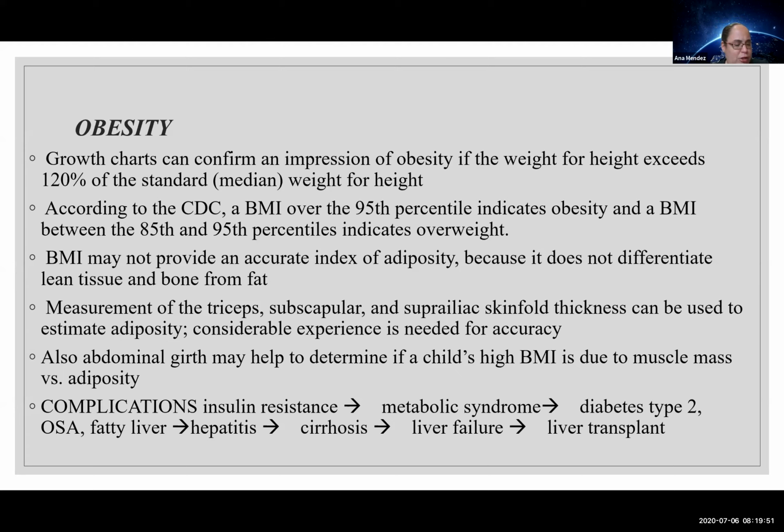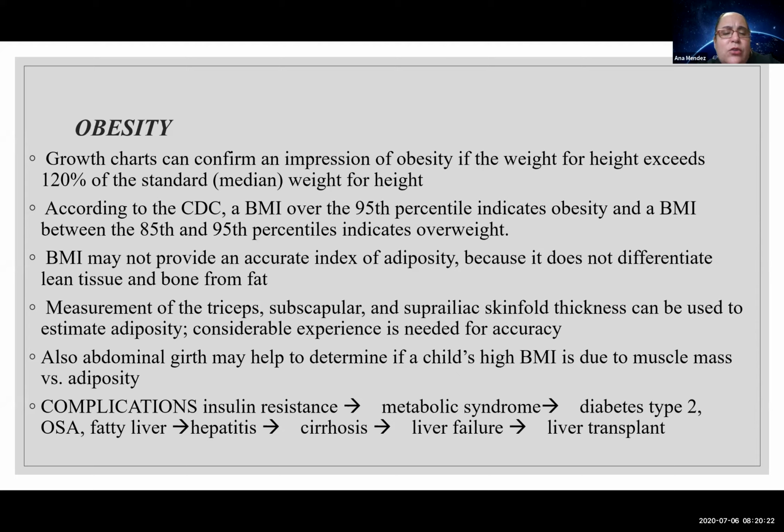We have these prepubertal boys who are very muscular, and they seem to be overweight. So we usually go ahead and do an abdominal girth just to document that the BMI being above the 85th percentile is because of the lean muscle mass.